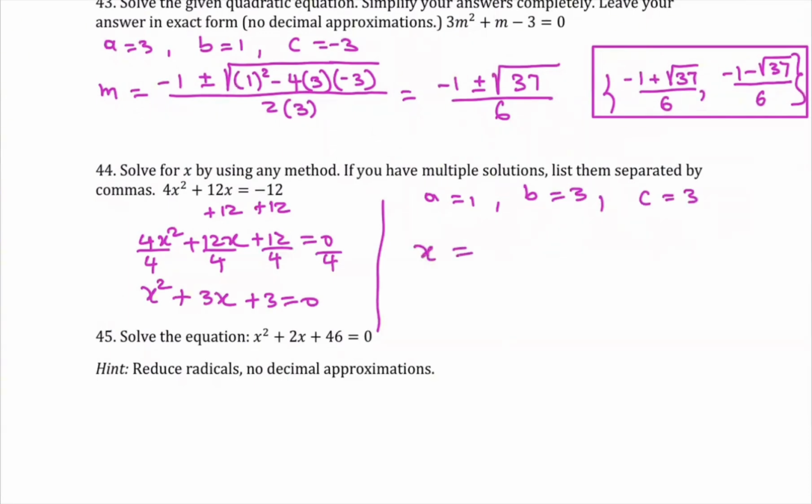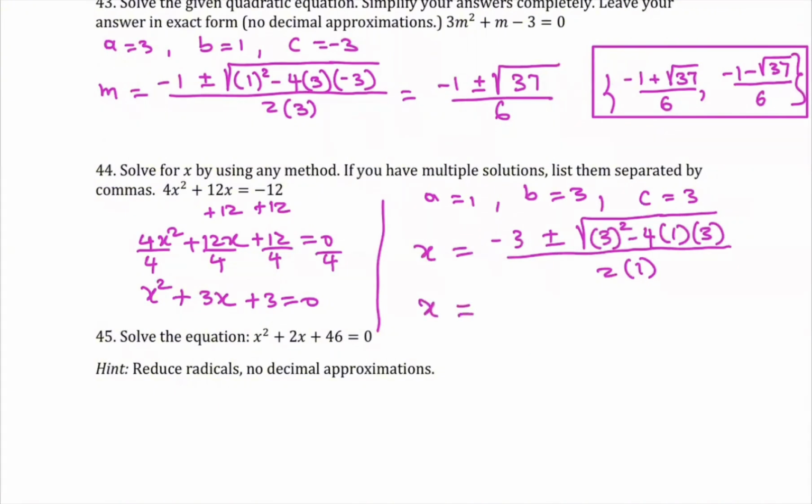X will be negative B, so that's negative 3, plus minus square root of B squared. So that's 3 squared minus 4, A equals 1, C equals 3, over 2 times A. A is 1.